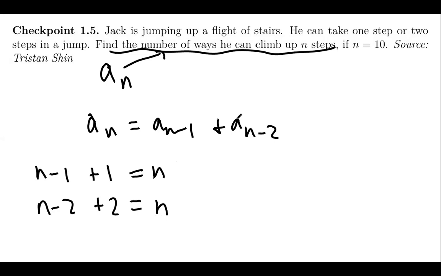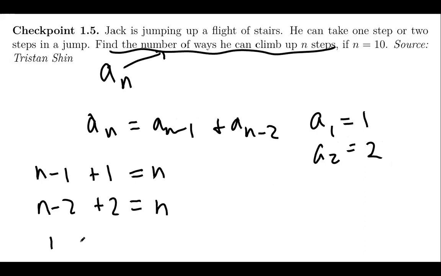So that means the number of ways to get to the n minus 2 step is also part of the number of ways to get to the nth step. If we sum these together, it's the total number of ways to get to the nth step. And now, you'll notice this is very similar to the Fibonacci sequence. a_1 would be 1, a_2 would be 2, actually.